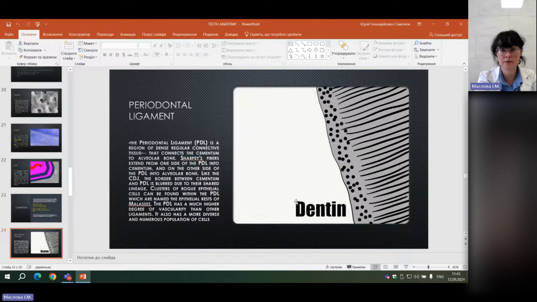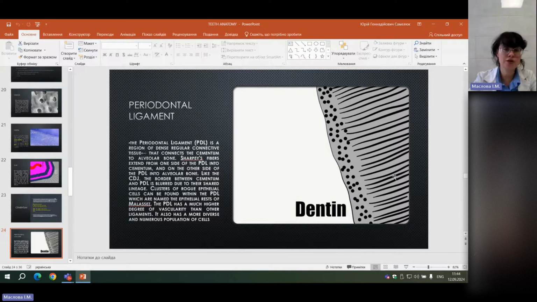The white color marks the dentine, and the gray color is the periodontal ligament with the cells and the fibers, mostly collagen and elastin fibers. Sharpey's fibers extend from one side of the PDL into cementum and on the other side of the PDL into alveolar bone.